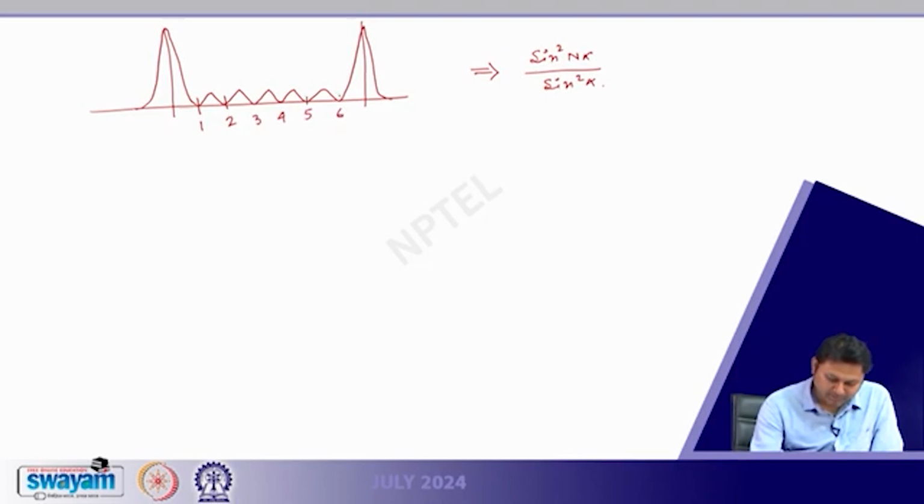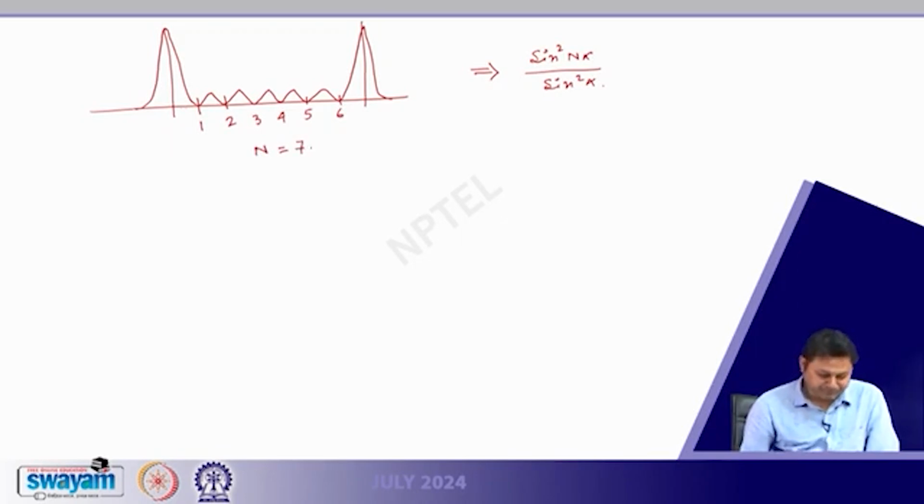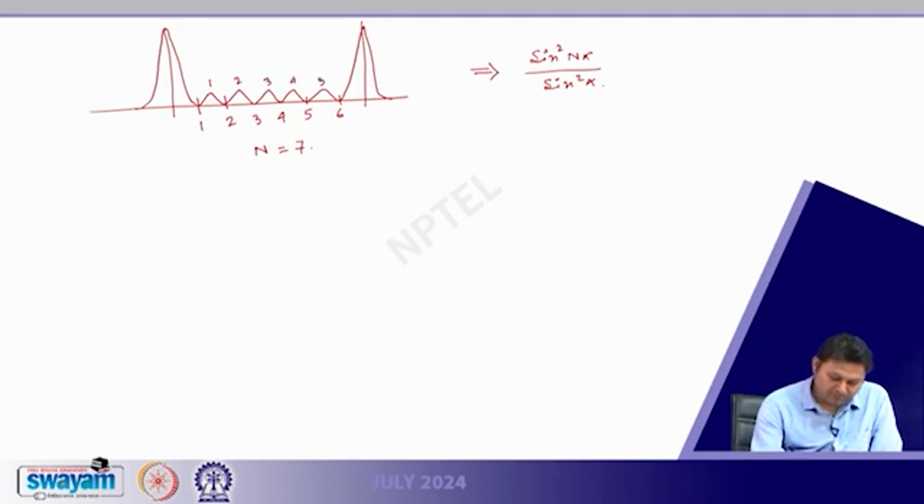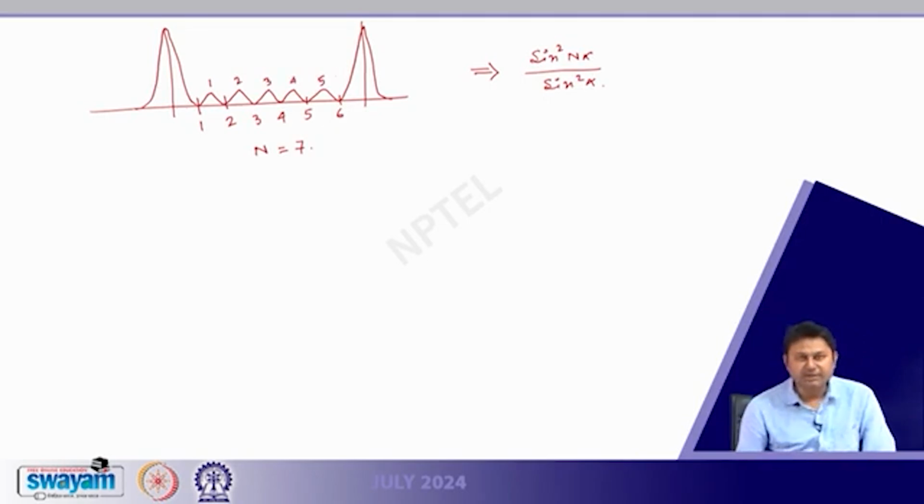So we have 6 minima here. If we have 6 minima, then the number of slits n is 7, and the number of secondary maxima should be 5. So here we have 1, 2, 3, 4 and 5. That is the number of secondary maxima in between two principal maxima, and that is the condition we have.